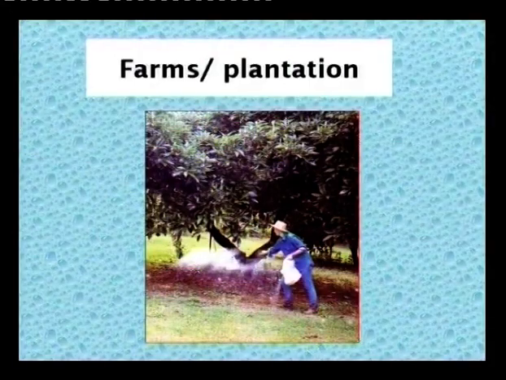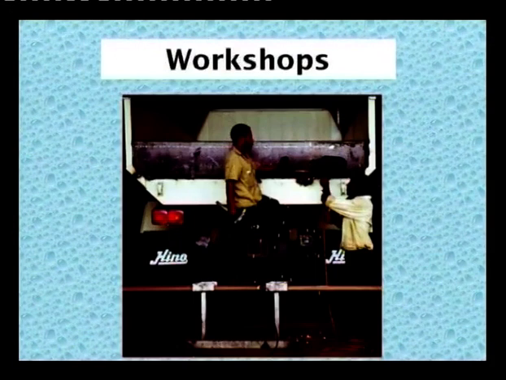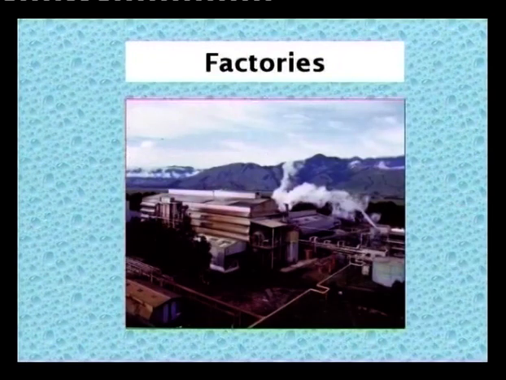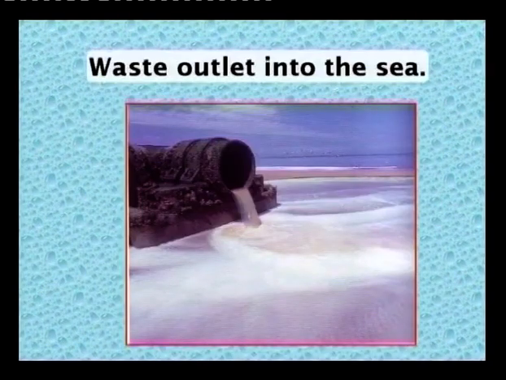Right? Farms and plantations use bases. People at the workshops use bases as well. Bases are used in the factories. And of all the uses, at the end we get the waste product and it goes into the sea. And you can imagine what happens when it gets into the sea.